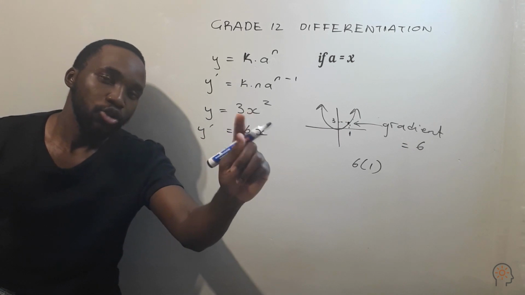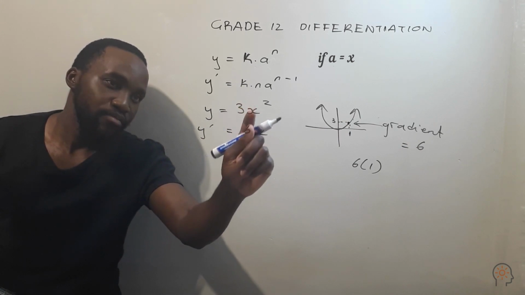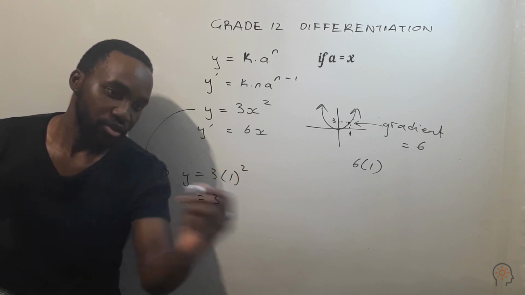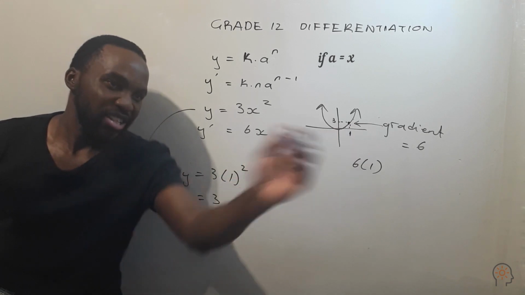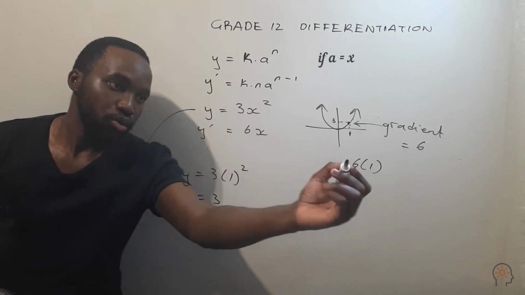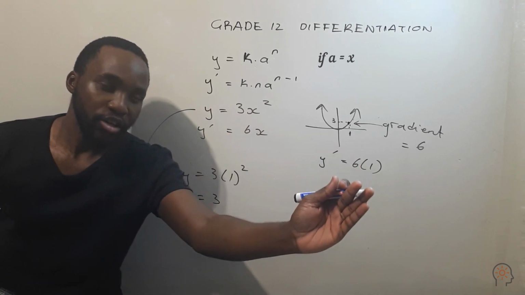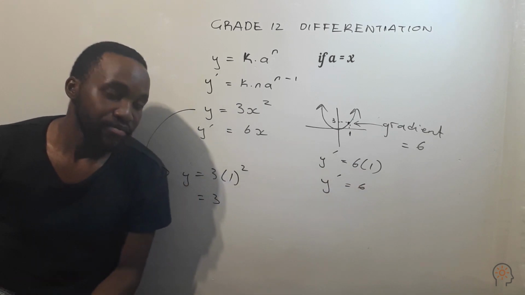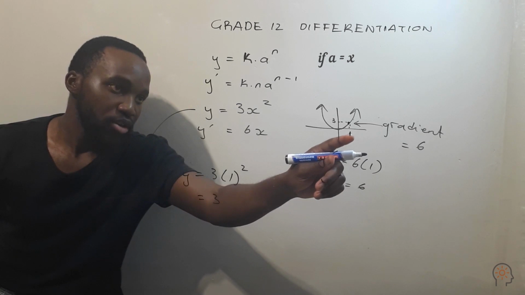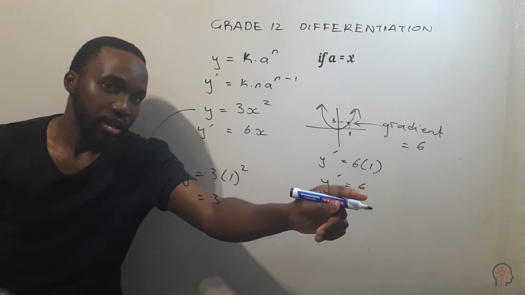If we sub in 1 into our normal equation, it will be 3 times 1 squared, which is just a 3, right? So we know that that's a coordinate. However, if you sub in 1 into your differentiated equation, you are getting an answer that's just saying y prime is equal to 6. So this means that the gradient where x is a 1 is a 6.